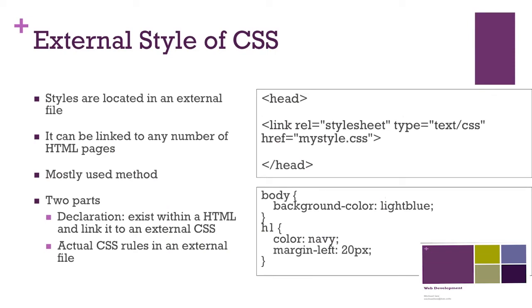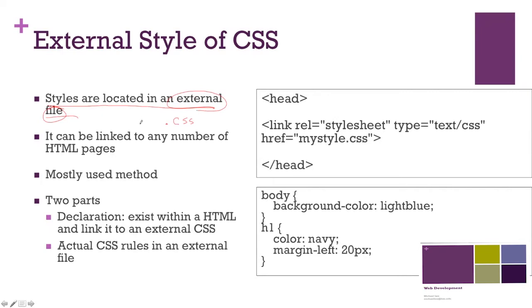Like I said in my previous PowerPoint slide, it's the idea of separating your content from your formatting, which is the CSS, and all styles are located in an external file. External file means it's a name of something .css, and it doesn't really matter what name it is.